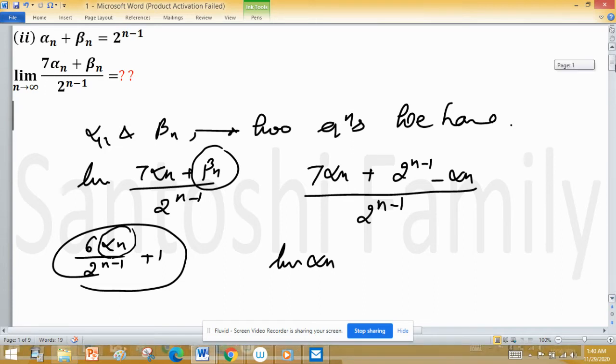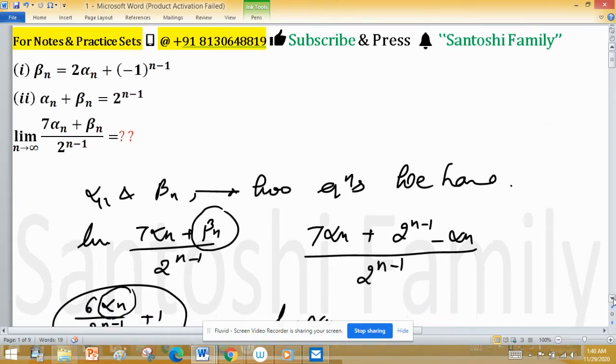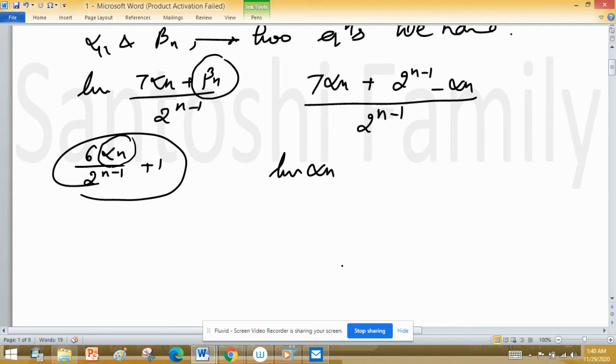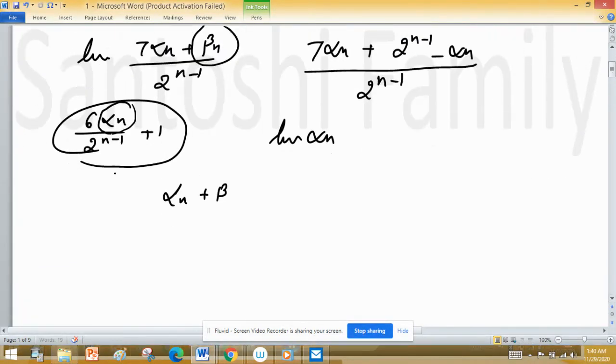Use equation 1, as equation 1 is alpha n plus beta n equal to 2 raised to the power n minus 1, and beta n equal to 2 times alpha n plus minus 1 raised to the power n minus 1.